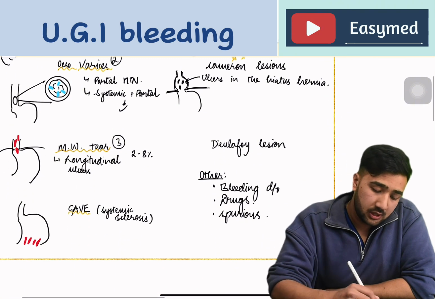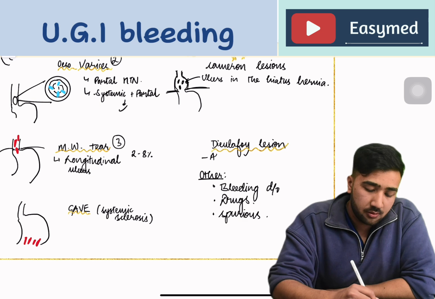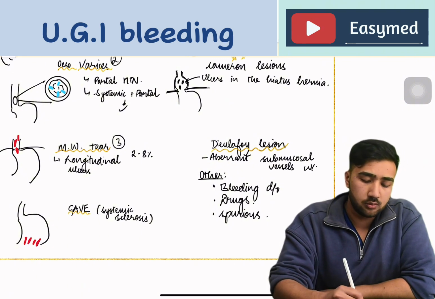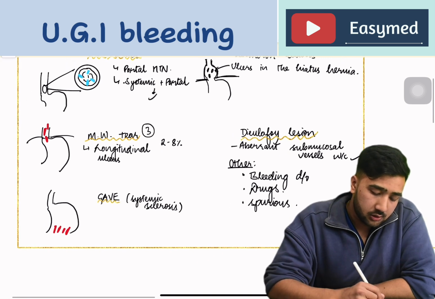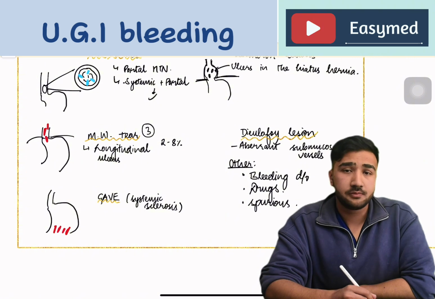Then the next can be Dieulafoy lesions. These are actually aberrant submucosal vessels which erode the mucosa and then bleed. And another rare cause could be GAVE, that is gastric antral vascular ectasia.